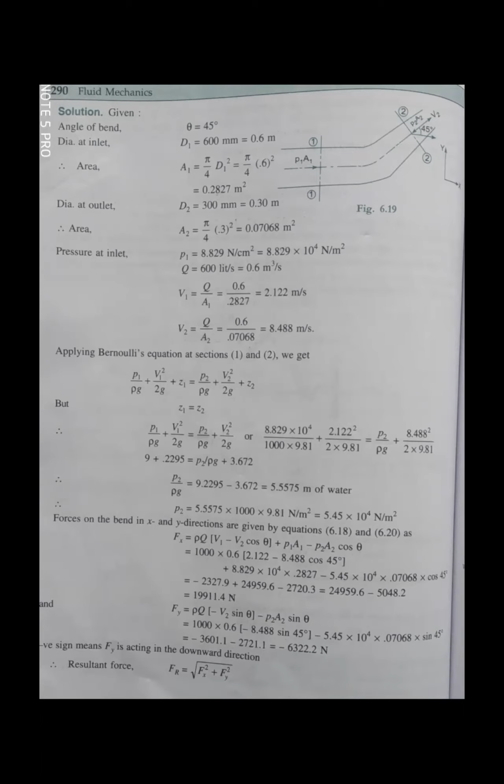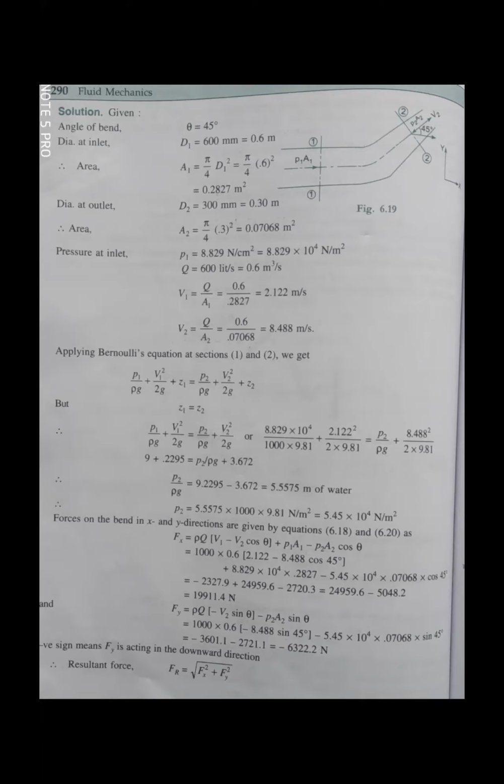Here, 600 liters per second, you have to convert into meter cube per second. So multiply by 10 power minus 3, which gives 0.6 meter cube per second. That is the discharge.